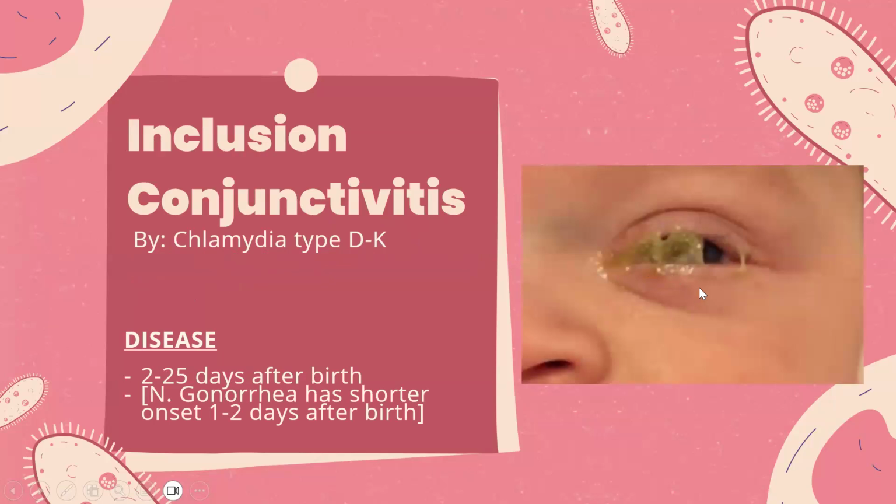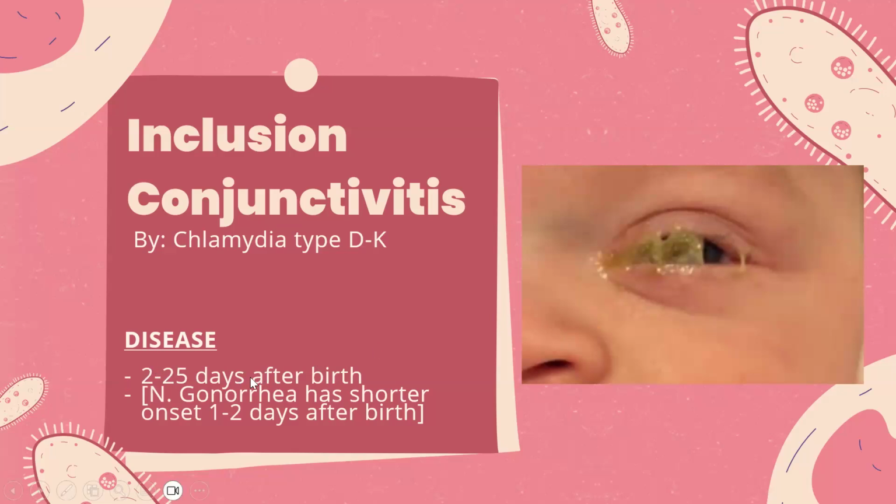If I look at that, I'm just going to say that's conjunctivitis, but in the lecture, they said that this is inclusion conjunctivitis. Okay, so the disease is characterized by its onset, and it could be really mistaken for Neisseria gonorrhea neonatal conjunctivitis.